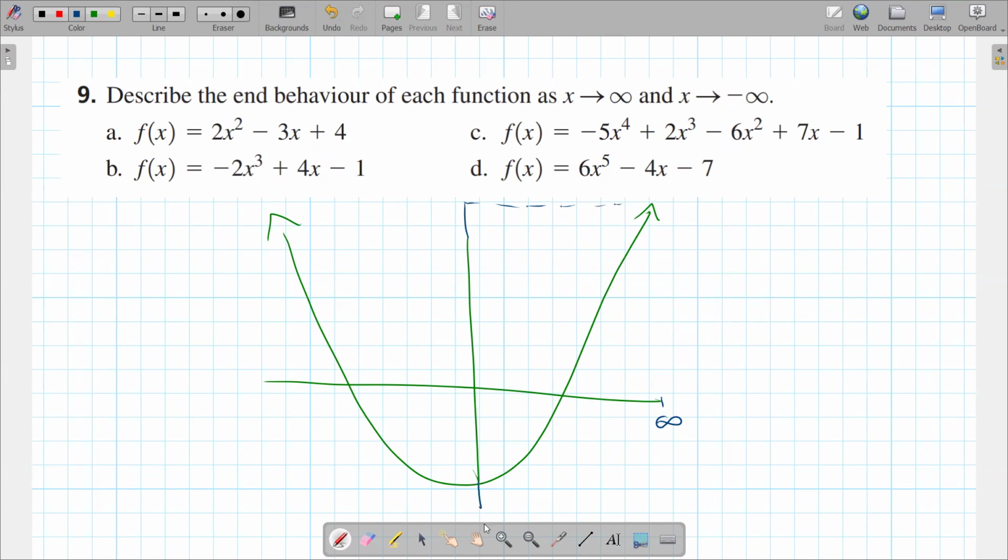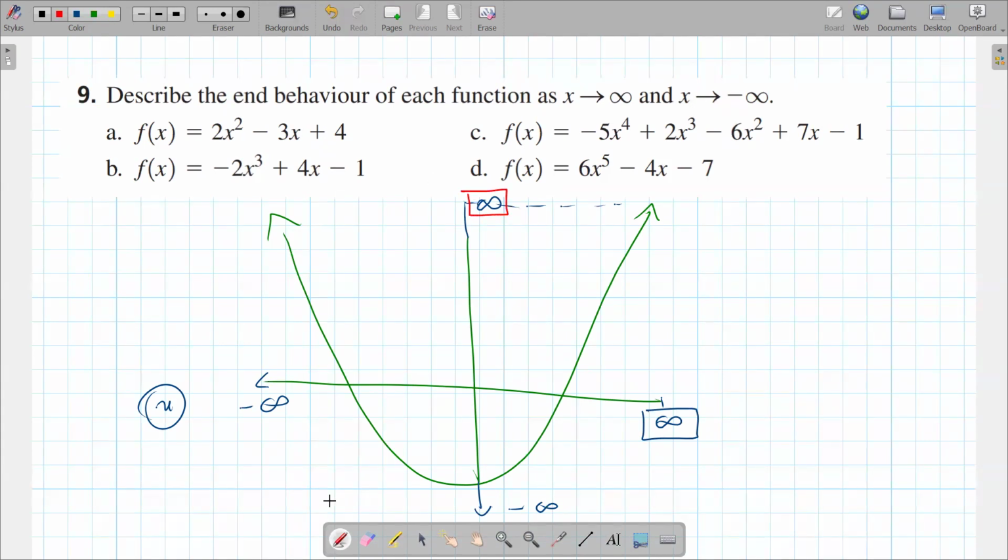So again, this is all about infinity. So there's negative infinity up here, positive infinity up here. There's negative infinity up here for the x, right? And then for the y, it's the same thing. So when x is positive infinity, the y value is positive infinity as well.